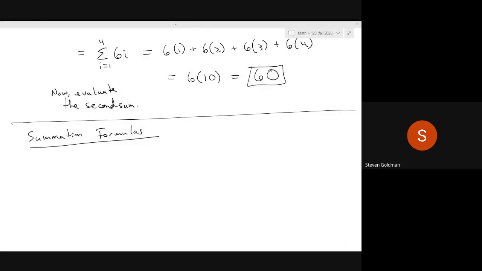Will you give us the formulas, or do we have to memorize them? I'm going to ask you to memorize them. All right, there's not going to be that many that I'm going to give you. So I'm going to ask you to memorize them.